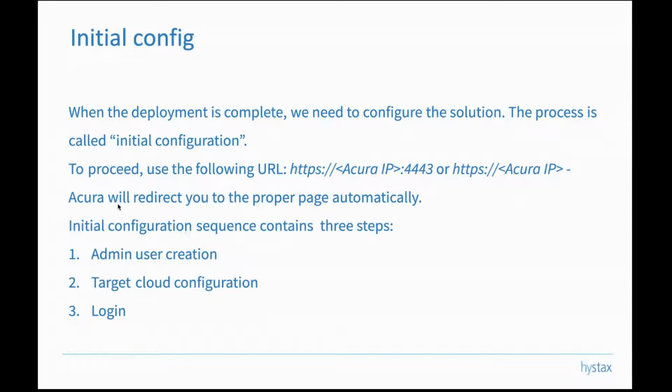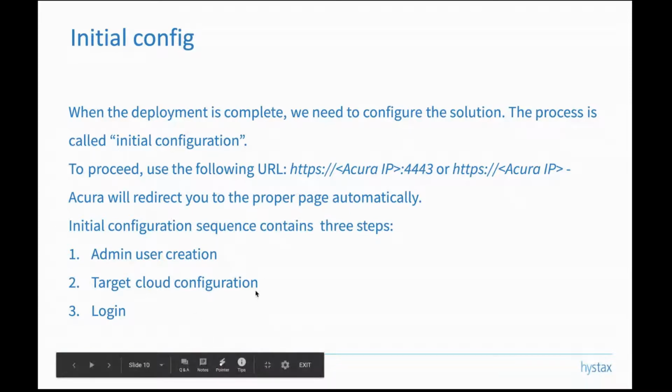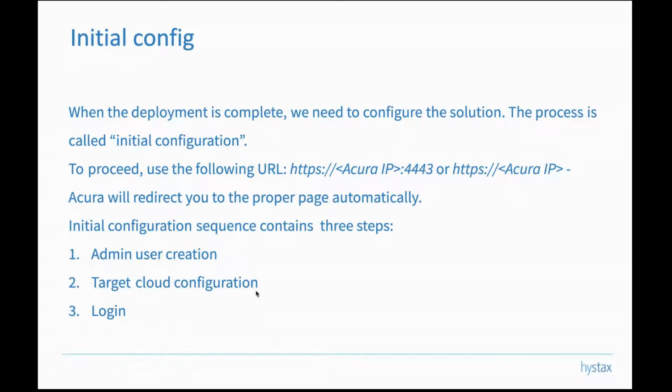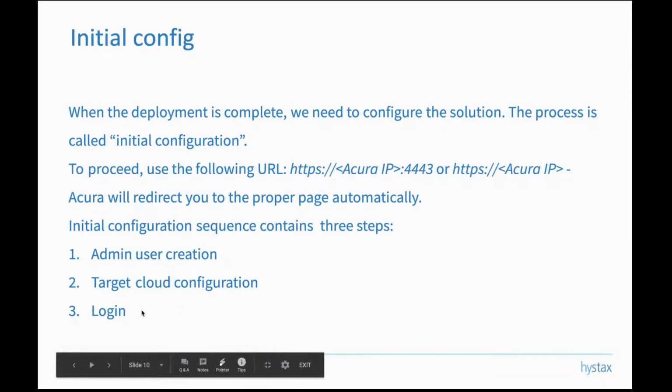The initial configuration itself contains three steps: admin user creation, where you're creating the main admin user that will be operating Acura and will have partner admin rights; target cloud configuration, the page where we set all the cloud related parameters like resource groups, client ID, and so forth; and actually logging in.